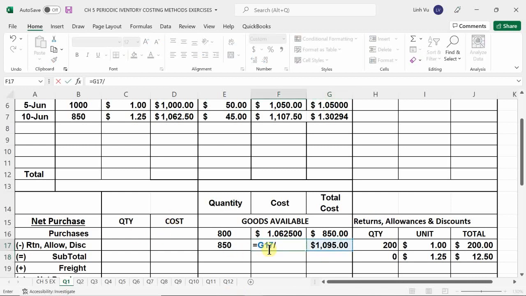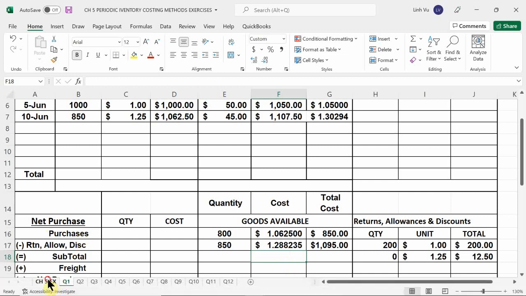And what should be my cost per item for this batch of inventory? $1.288235, and so on and so forth. So, like I mentioned, up to six decimal places will give you the best results. Okay, so there you go. That's what happened to my second batch of inventory.